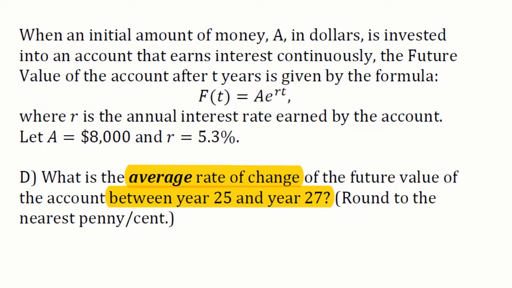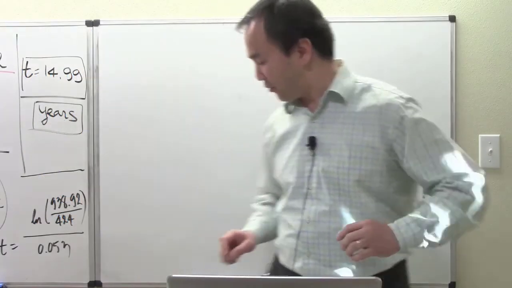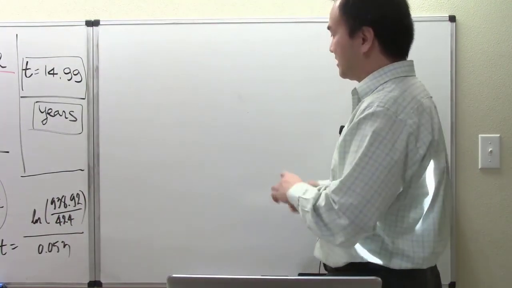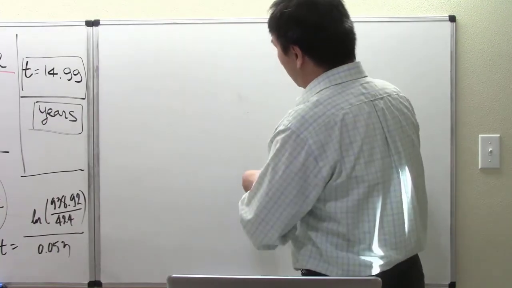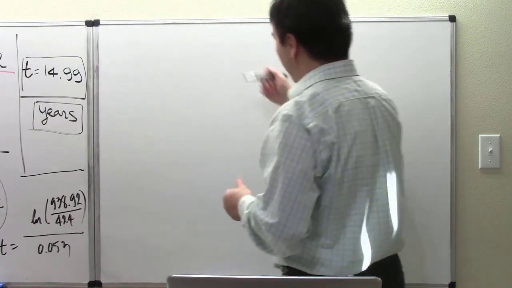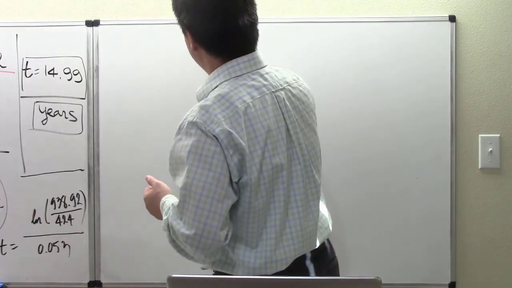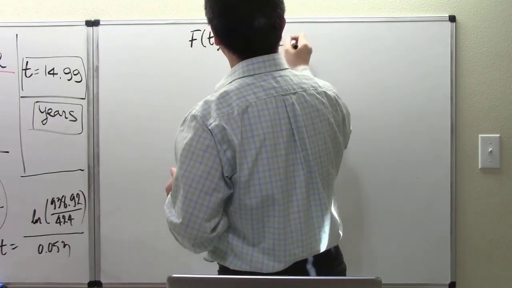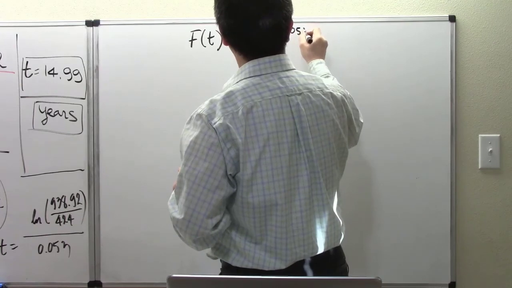This problem is actually easy. It's something we have worked with so many times in our algebra courses. I just need to recall that our future value is 8,000 e to the 0.053t.